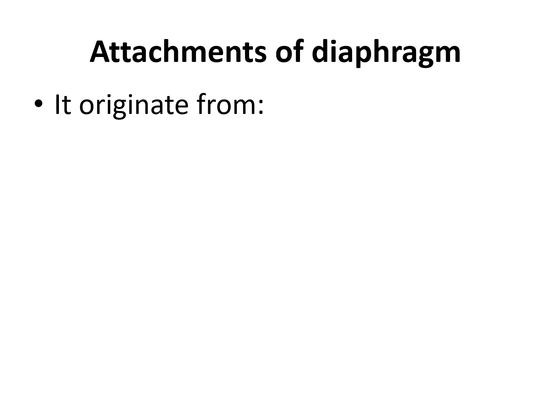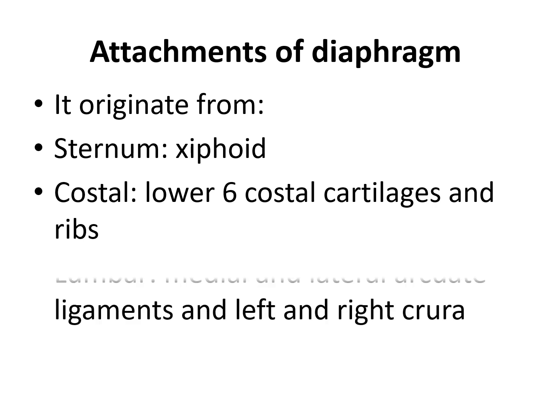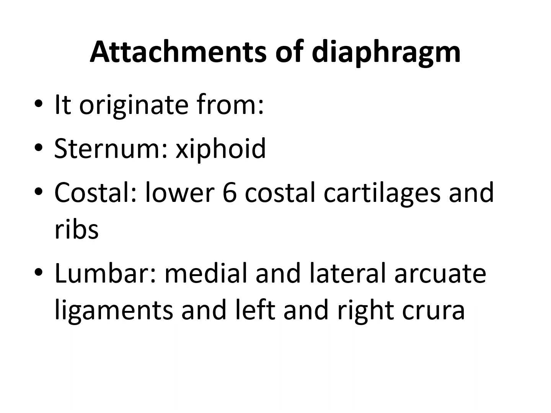For the attachment of the diaphragm, it originates from the sternum, from the posterior part of the xiphoid process. It has a costal origin from the lower six costal cartilages and ribs, and it has a lumbar origin from the lumbar vertebrae, in the form of medial and lateral arcuate ligaments and left and right crura.